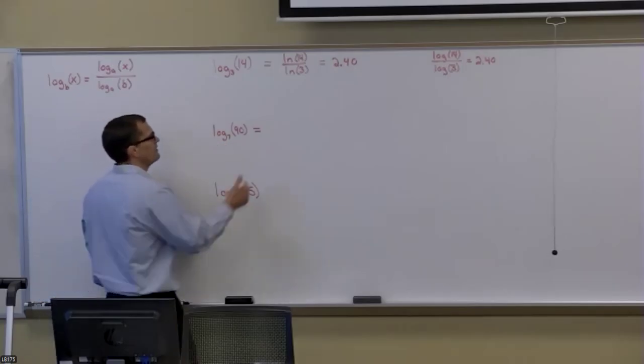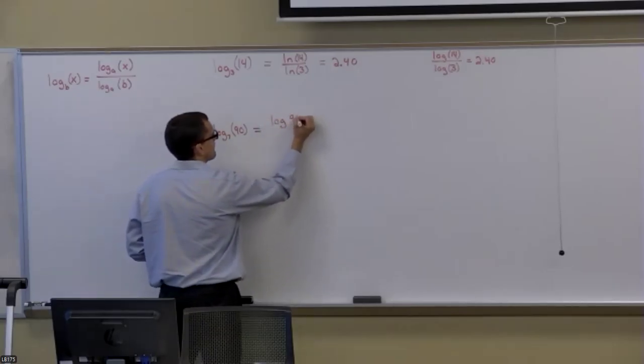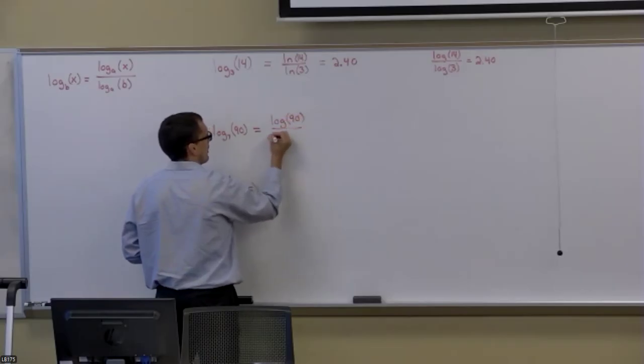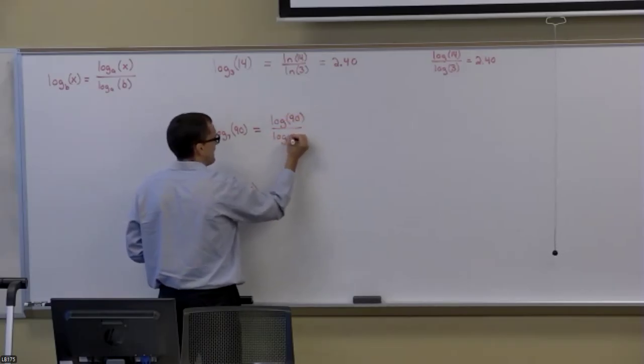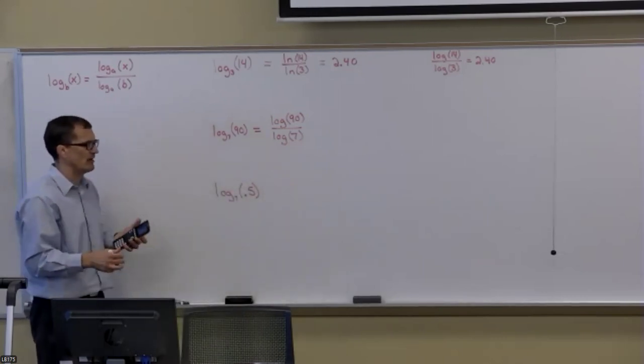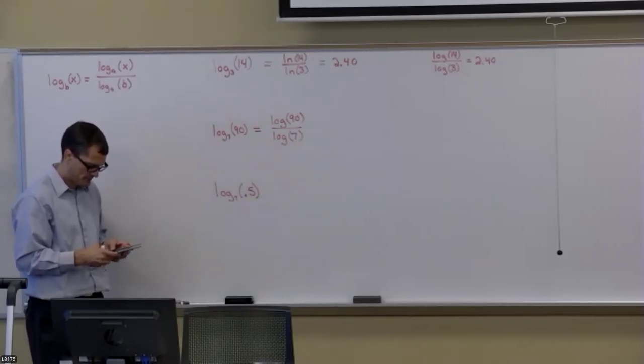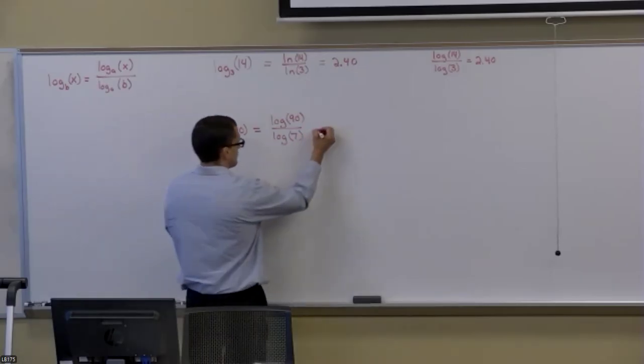So change of base rule, again, you can either use log base 10 or log base E, natural log. But we're going to do log of 90 divided by log of 7. And that's about 2.31.